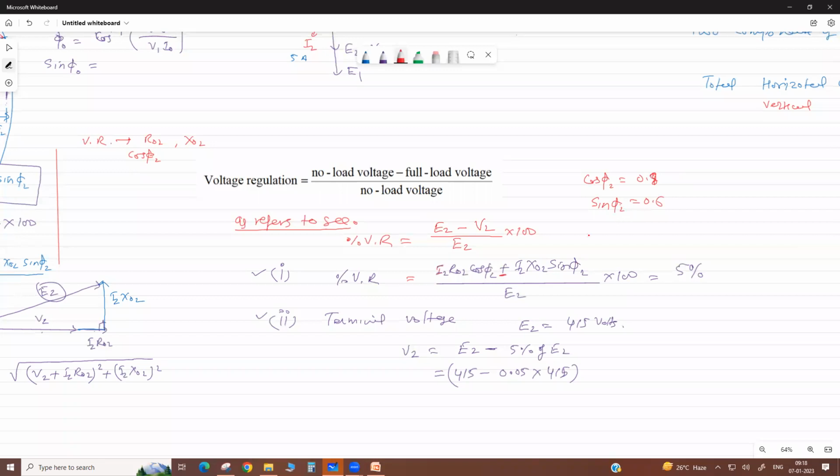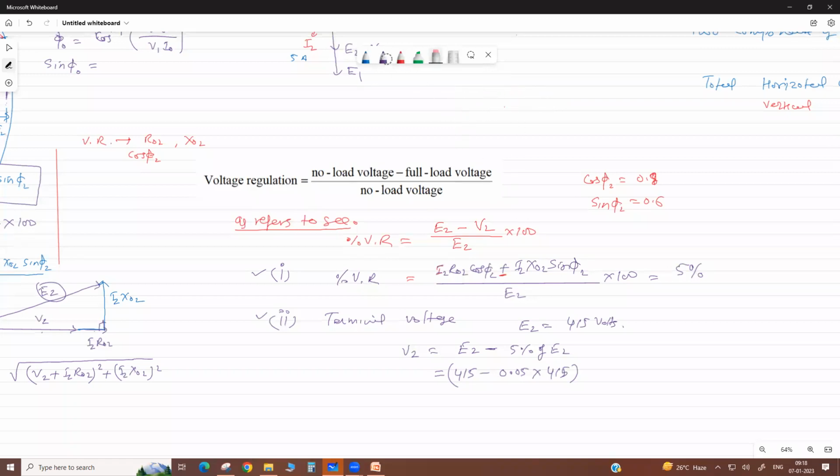Now R02 we calculate from copper loss, and we calculate the total equivalent Z02. No, this is not the secondary side, this is the primary side.